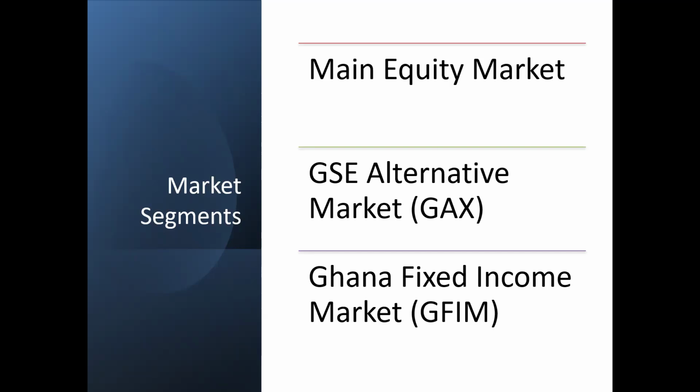This market is filled with small firms, SMEs, and firms that are not mature or do not meet the requirements to qualify for the main equity market. They have a platform where you can buy shares from these young firms.